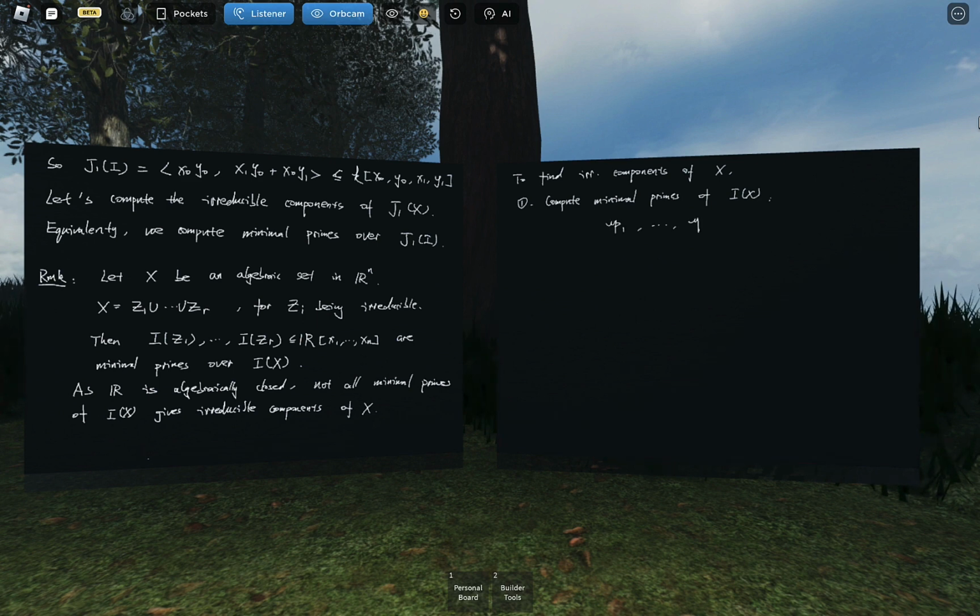Say we compute all of them, then the irreducible components of X correspond to P_i where the vanishing set is irreducible. Does this make sense?